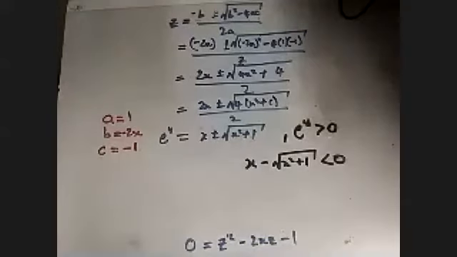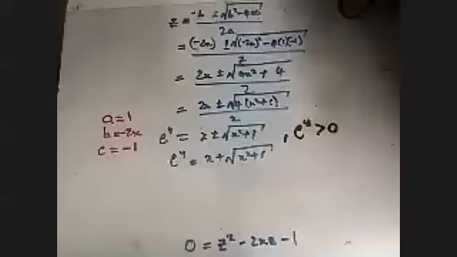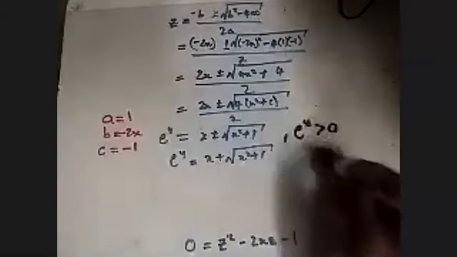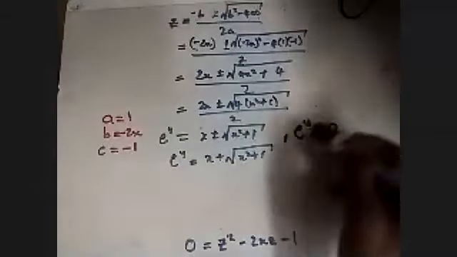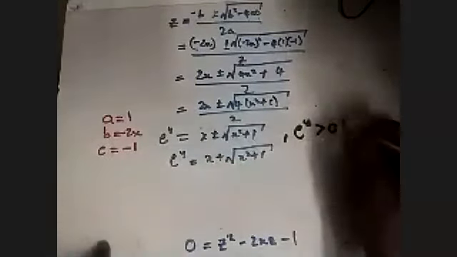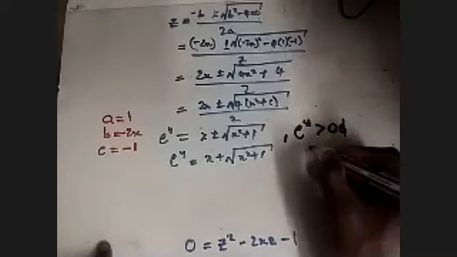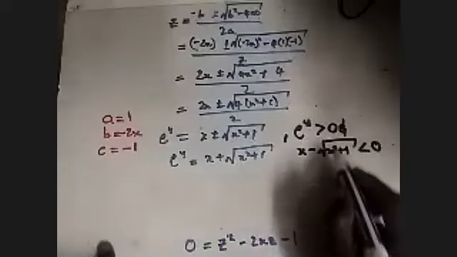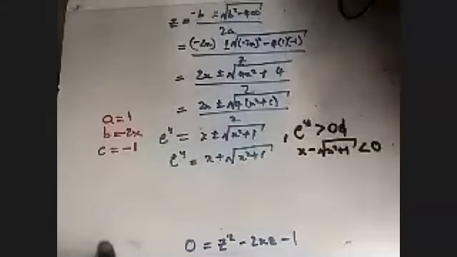So what I'm going to do is take it out, and to continue my solution, I'm just going to work with the positive. e to the y equals x plus the square root of x squared plus 1. The reason being, we only choose this thing to be greater than 0. And at the same time, what we are seeing is that the minus one is always going to be less than 0. Therefore, this part we do not consider.